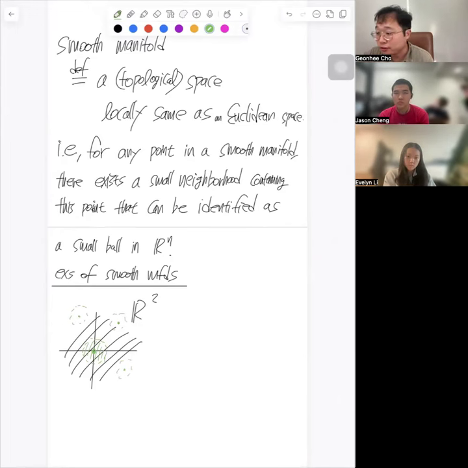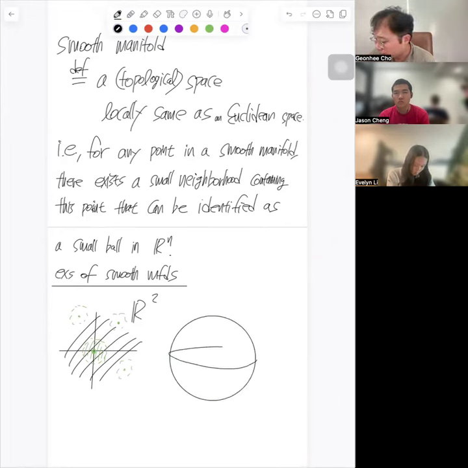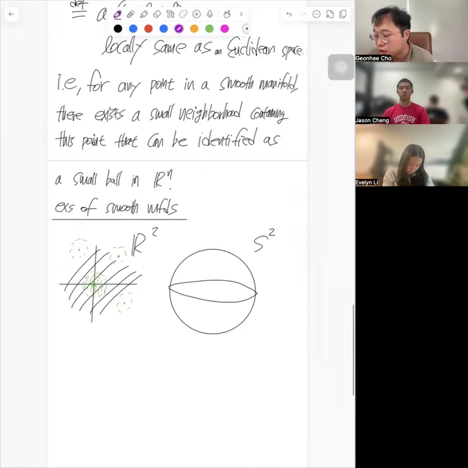Now if you look at the sphere, convince yourself that this structure would be different from R2. Even though we don't yet see why those two should be distinguished, S2 is definitely different from R2.